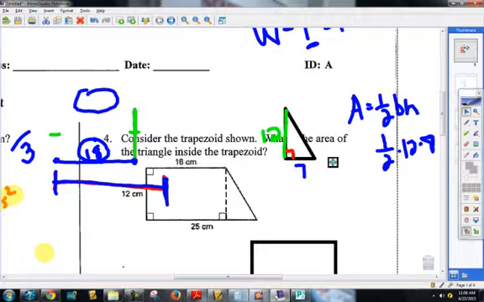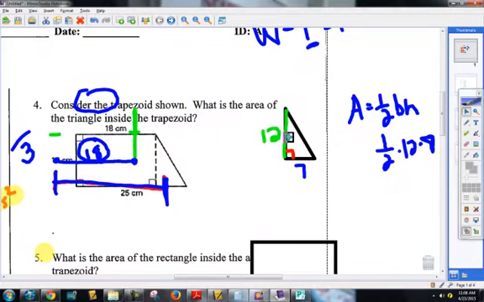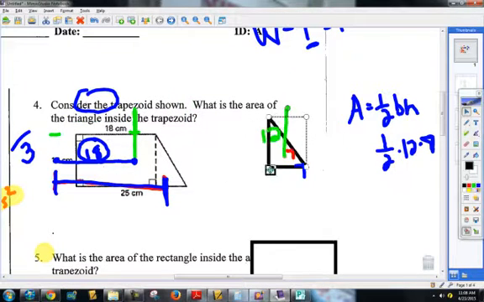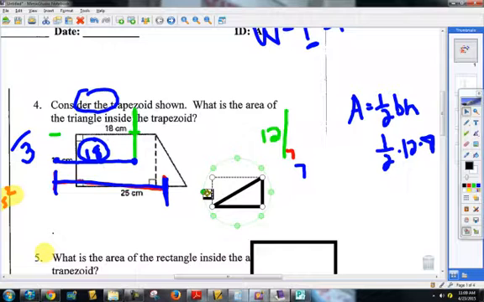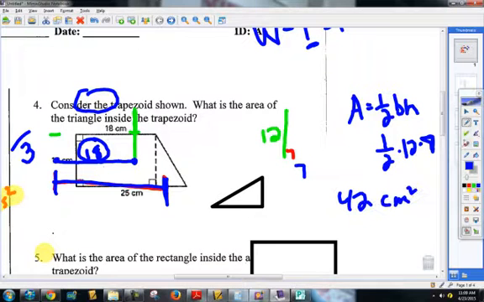No, not at all, because I could take this triangle, and I could, if we're really calling it the base like you guys think the bottom base, I mean, I could take it and I could shift it. Now 12's the base, right? So that's really irrelevant where it goes. You end up getting 42 centimeters squared. So the 3 points here are formula, answer, units.